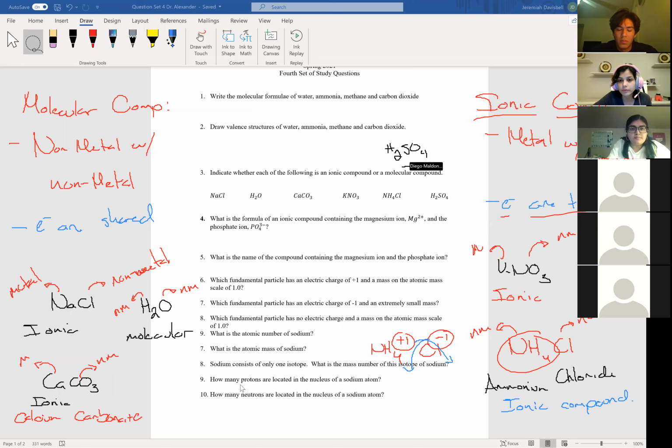But I would just stick with what Dr. Alexander's showing, what we're showing you with our workbooks. If you see two nonmetals, say molecular, even though this is an exception. So what are the answers that'll get us a good grade on our test? It would be covalent, because hydrogen, sulfur, and oxygen are all non-metals.